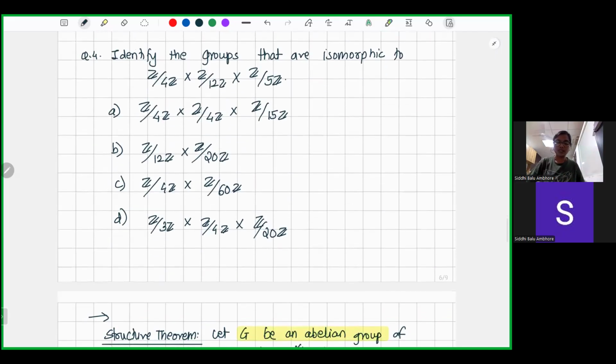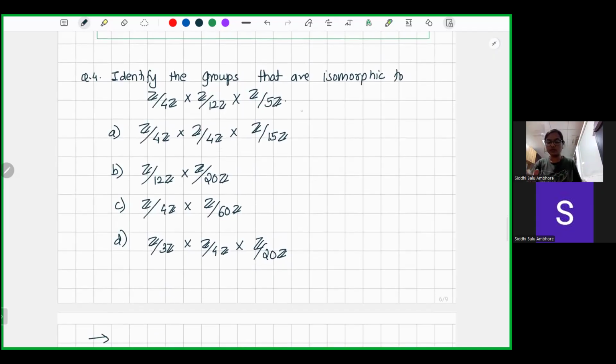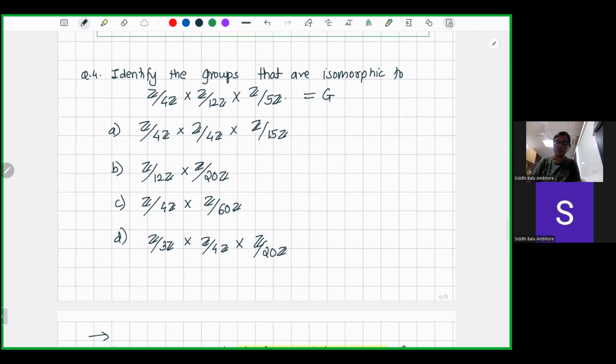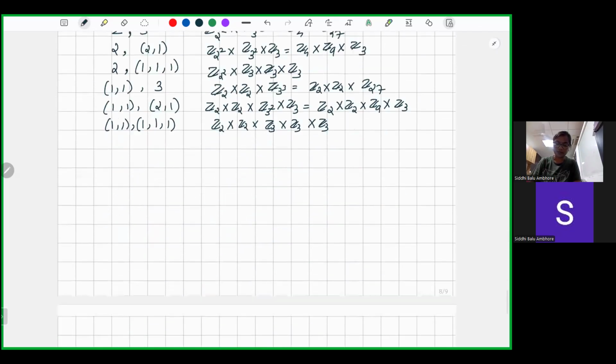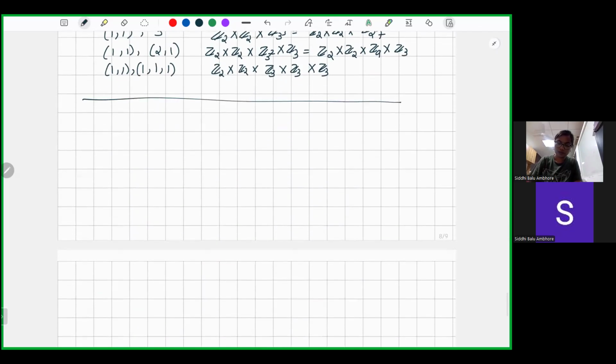Now we have to check which of these are possible groups where G is isomorphic to G. Let me just write it again.